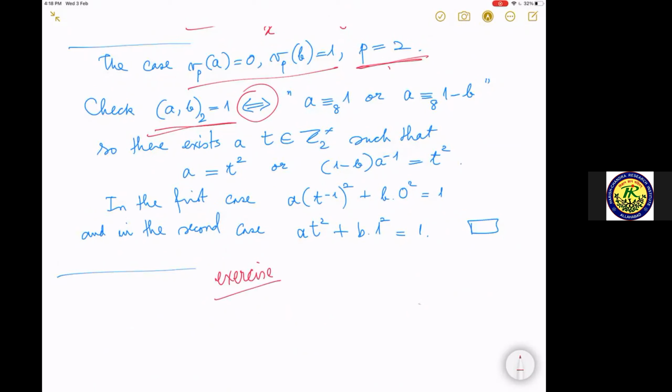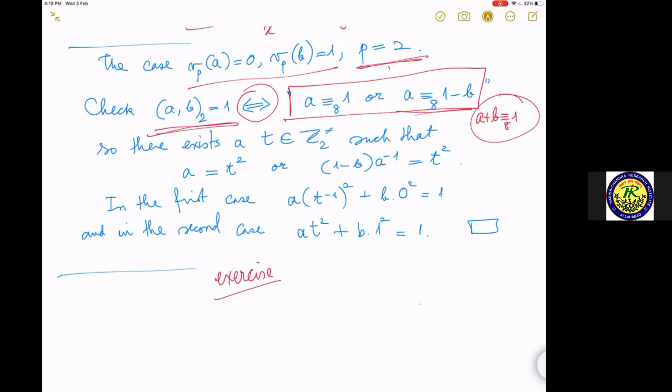To check that (A,B)_2 equals 1 is equivalent to saying that either A is congruent to 1 modulo 8 or A plus B is congruent to 1 modulo 8. I'm leaving it to you to check, of course, under the hypothesis that v_p of A is a unit and B is a uniformizer in Q_2.